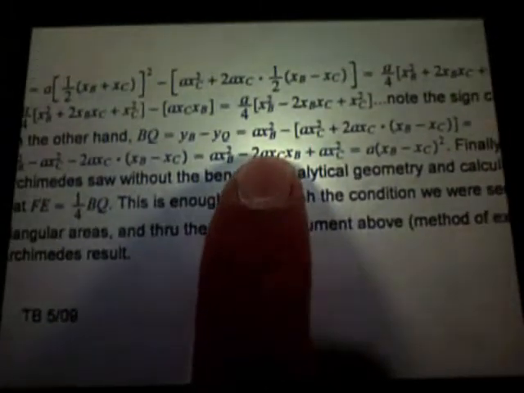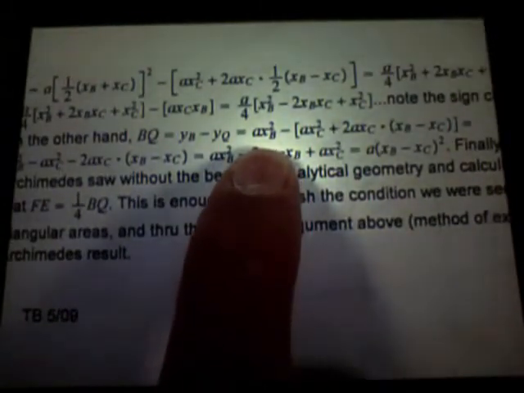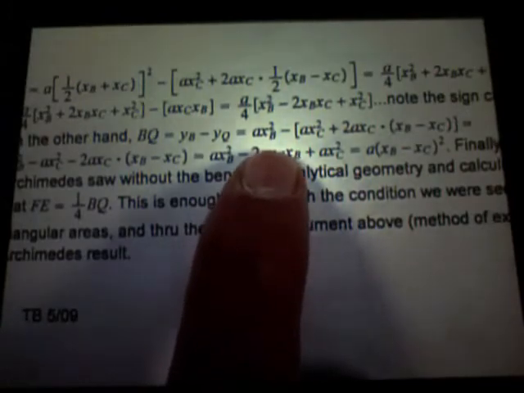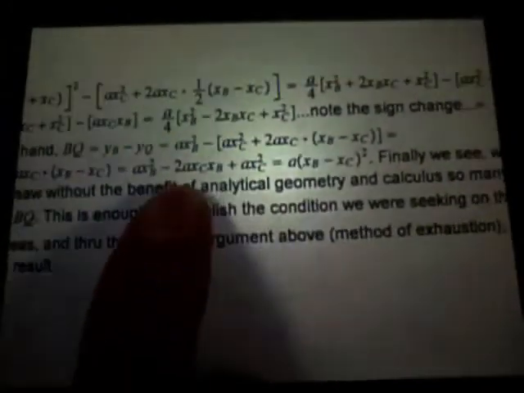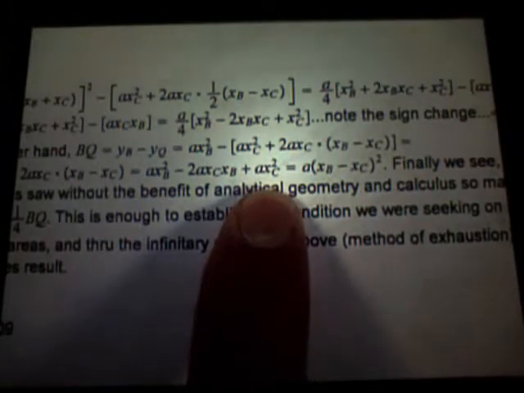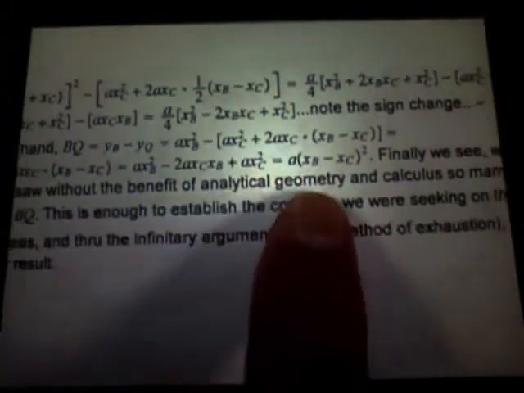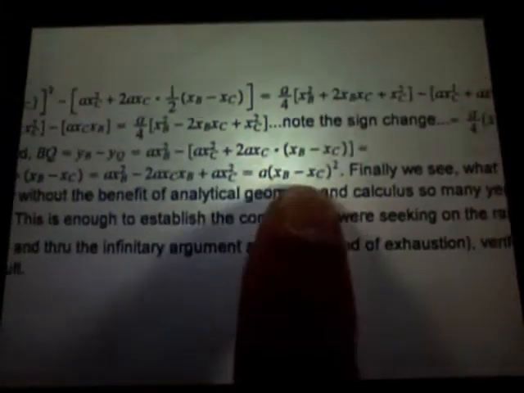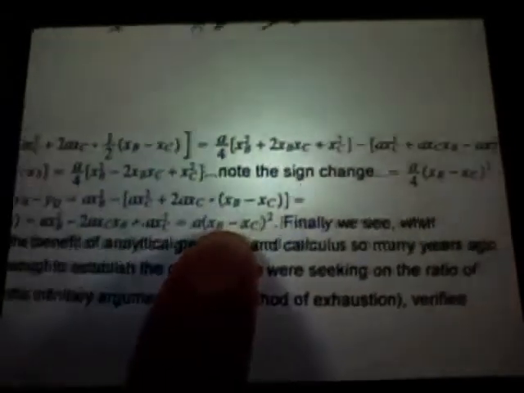BQ would be the difference between the y of B and the y of Q. So I go through the same thing. I evaluate, remember I'm assuming this parabolic equation. So a x sub b squared is y sub b. And the rest of this, that's the slope again of the tangent, right? And I add where I started from at C. So I get this somewhat simpler expression. But this is exactly 4 times this one, right?